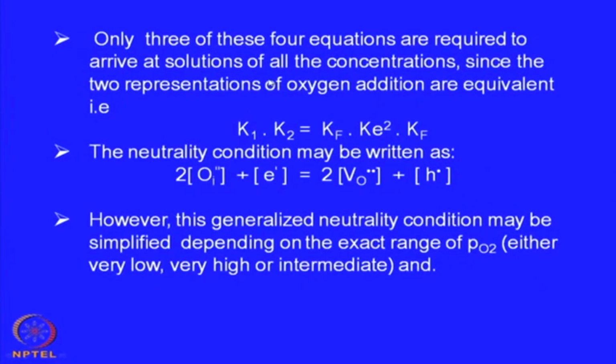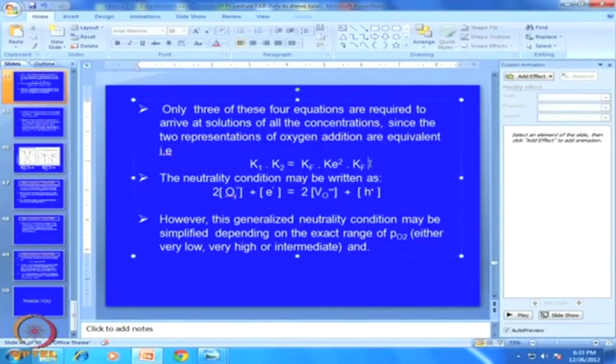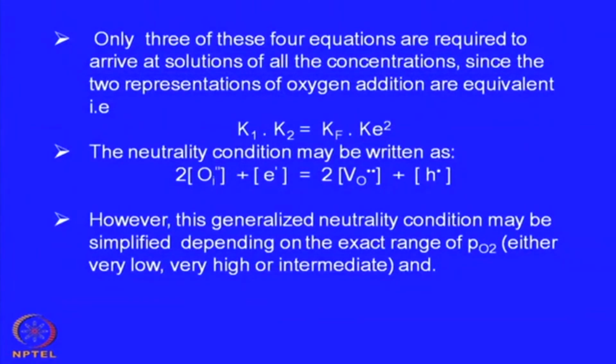Well, only 3 of these 4 equations are required to arrive at solutions of all the concentrations, since the 2 representations of oxygen addition are equivalent, that is K1 into K2 equals Ke square. Okay.